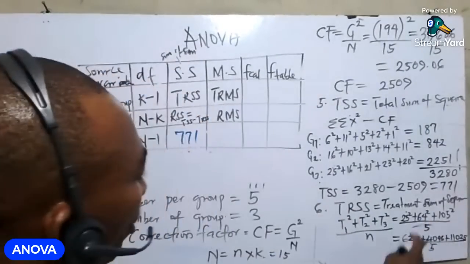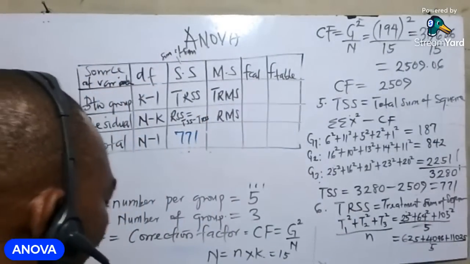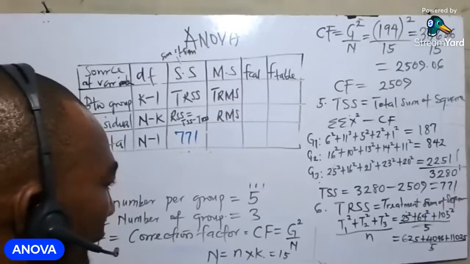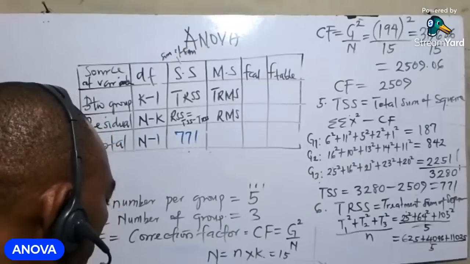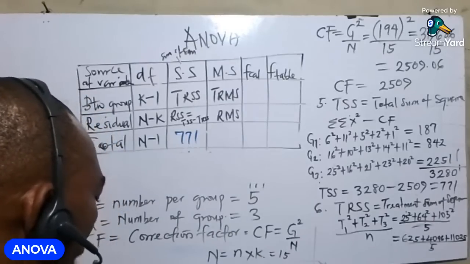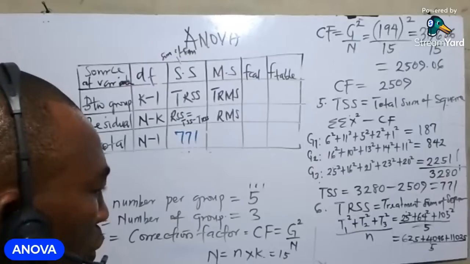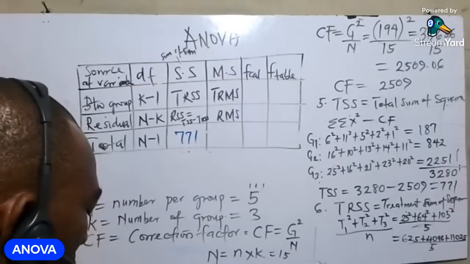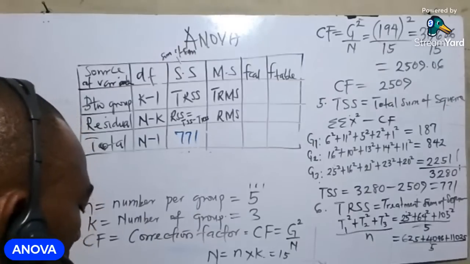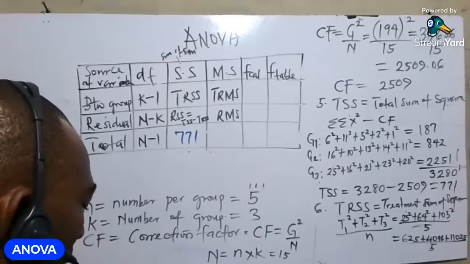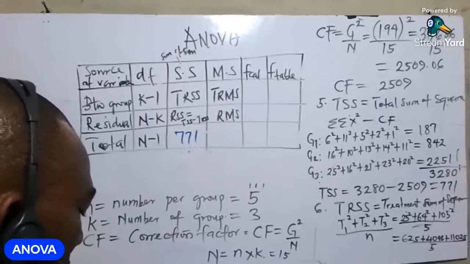So the total here now. When you total everything here, that will be, I want you to confirm that, 625 plus 4,096 plus 11,025.